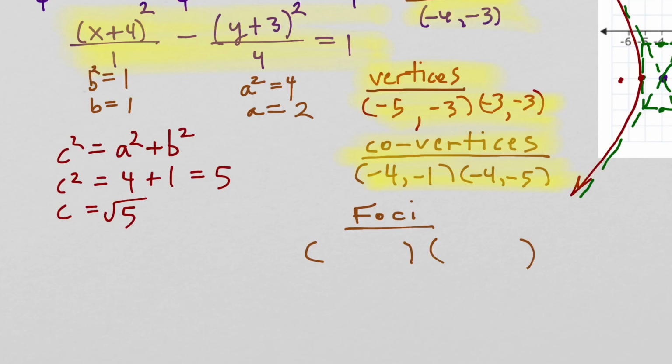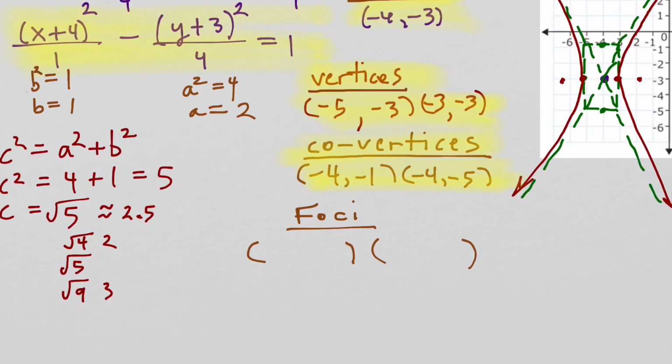So we know that root 5 is somewhere between root 4, that's 2, and root 9, which is 3. So we'll just estimate it for our graph, which is not super accurate because the squares are 1 unit here. It's really a little difficult to get it any closer.